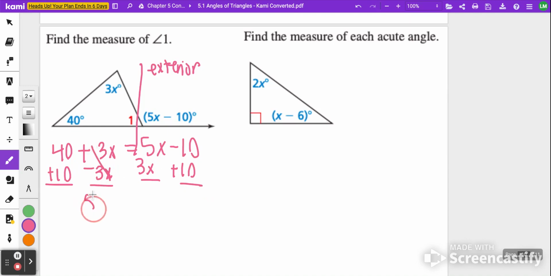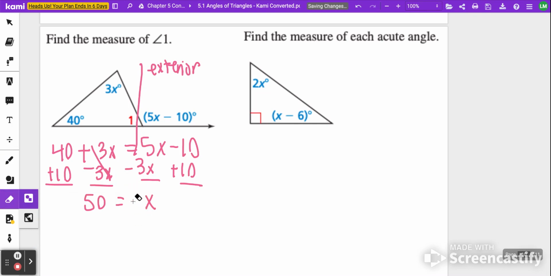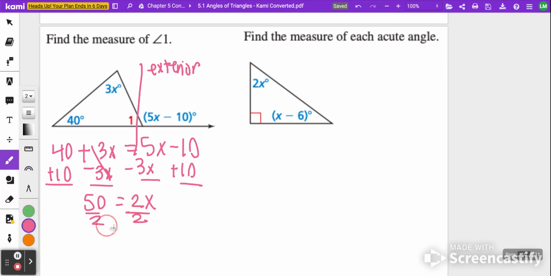These cancel out, so I get 50 is equal to 8x, right? No, I should be subtracting it. Subtracting, that's going to equal 2x. Now I divide by 2. x is equal to 25. If x is equal to 25, this is 40, and 3x would be 3 times 25, so this is 75.